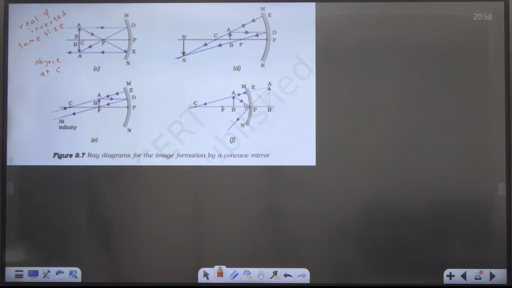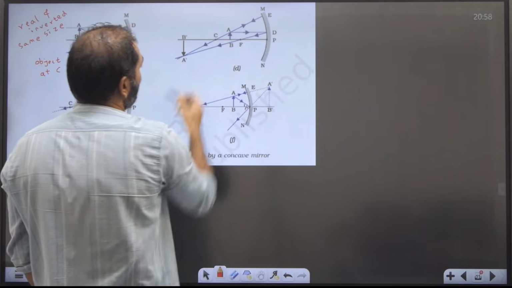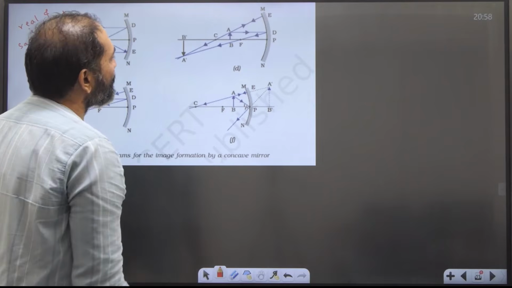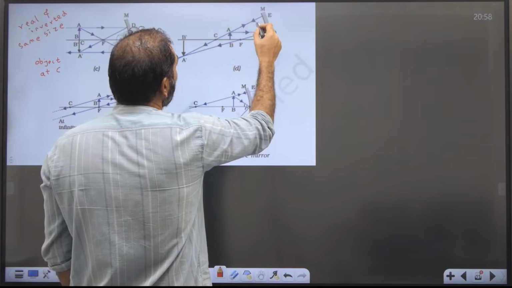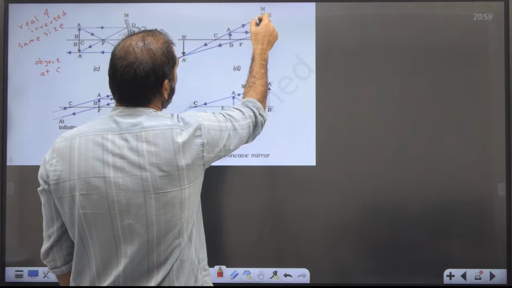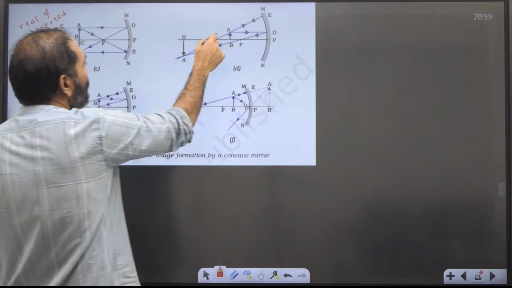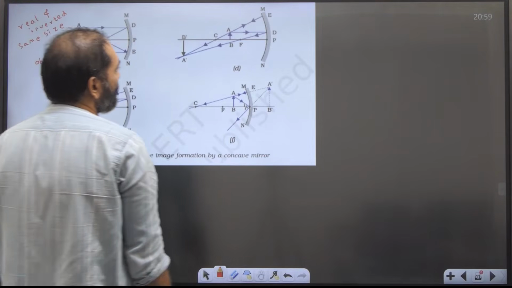Next case, where the object is placed between C and F, the center of curvature and principal focus. One ray from the object falls at this place and gets reflected back, because it passes through the center of curvature, so it is reflected along the same path.